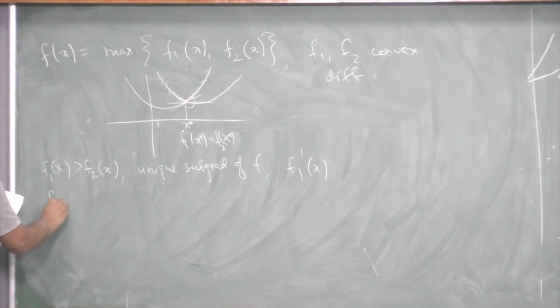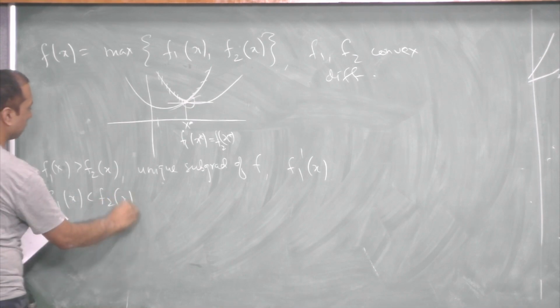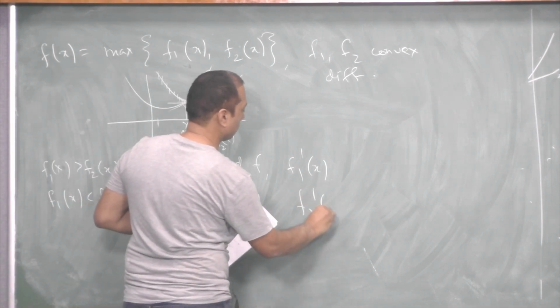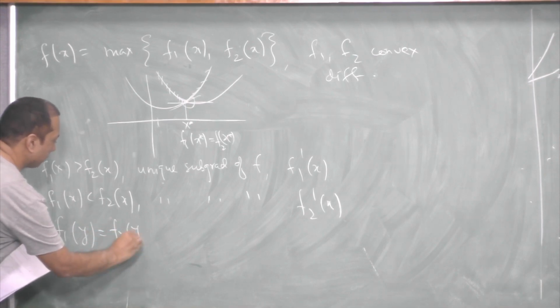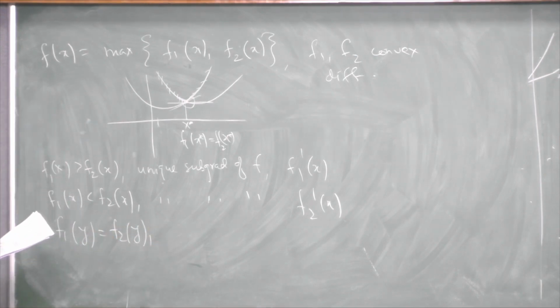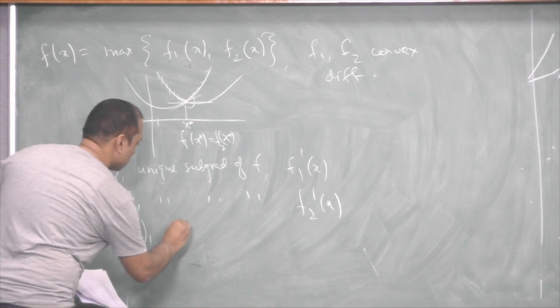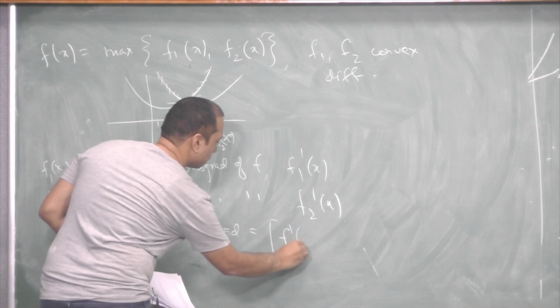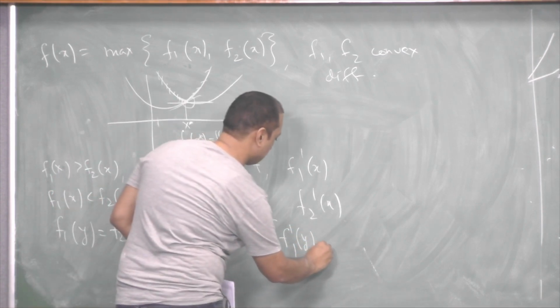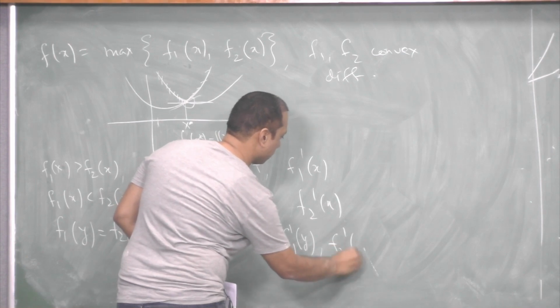The other way, if f1(x) is less than f2(x), then the unique subgradient is f2 prime(x). The interesting case is when f1(y) equals f2(y), when they intersect. In this case it's no longer unique, but it lies in the interval between f1 prime(y) and f2 prime(y).